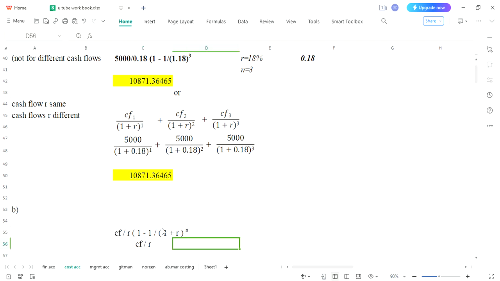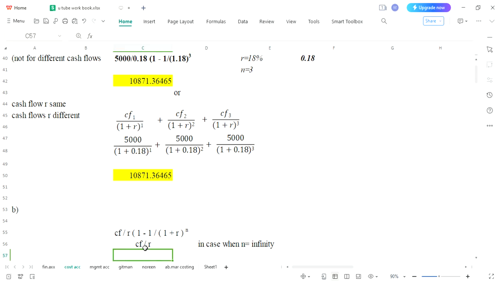In case n is equal to infinity, it means you cannot put any value in place of n. So this whole formula from 1 minus 1 divided by 1 plus r raised to power infinity, it means this whole formula would be cancelled and we will have only CF divided by r.